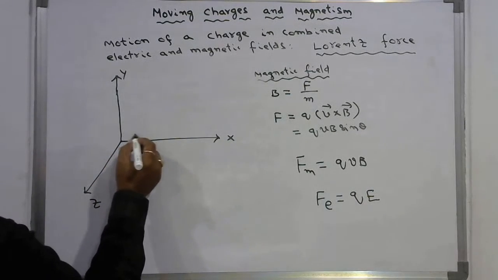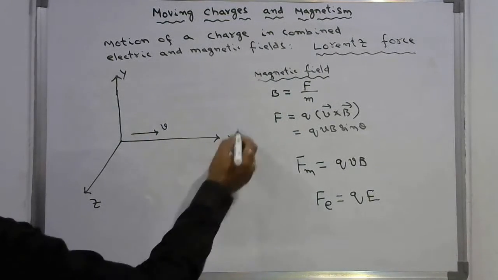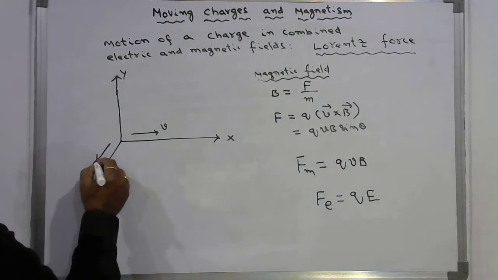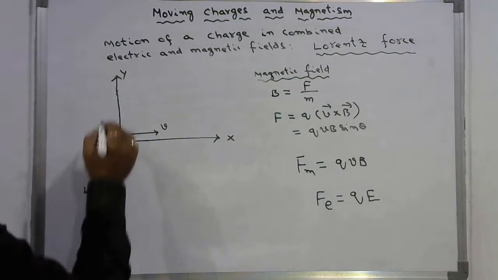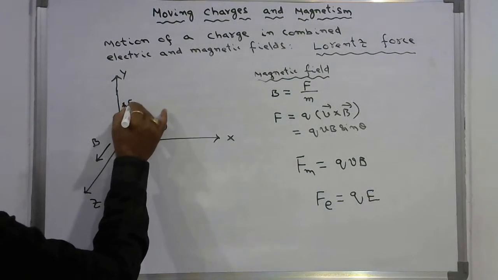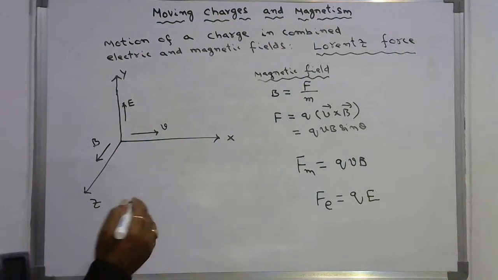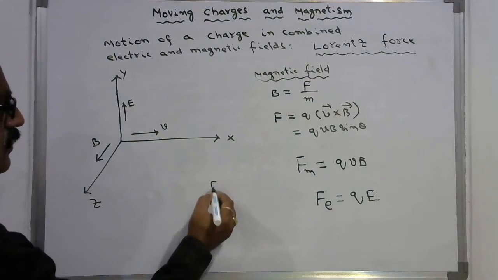Now you represent the velocity along the X axis, the magnetic field along the Z axis, and the electric field along the Y axis. So how do you write this?